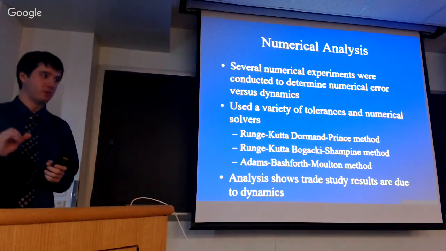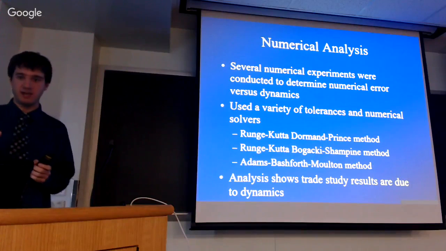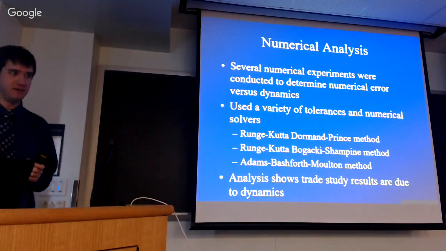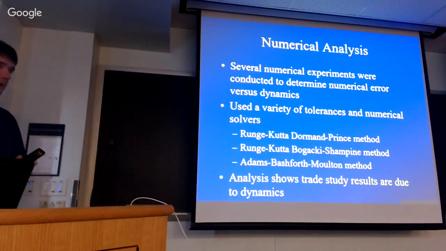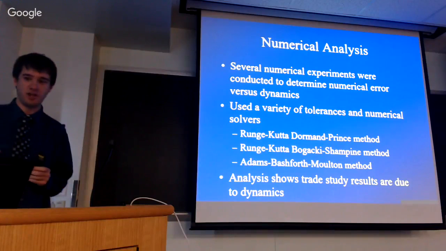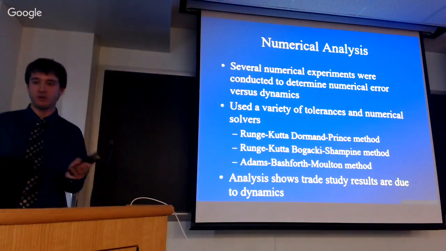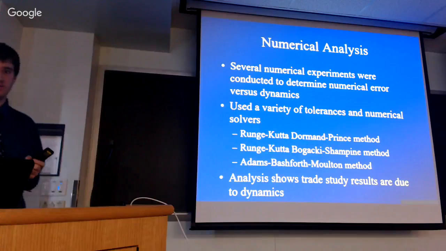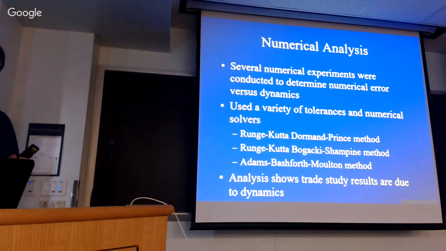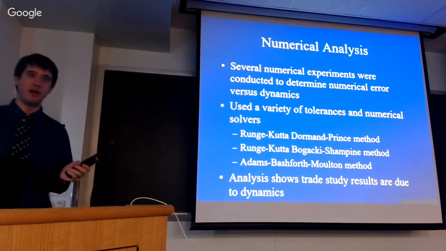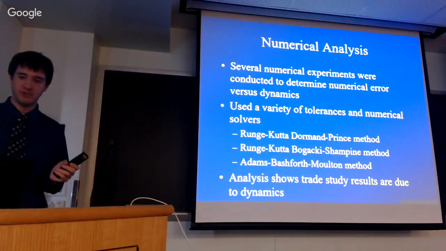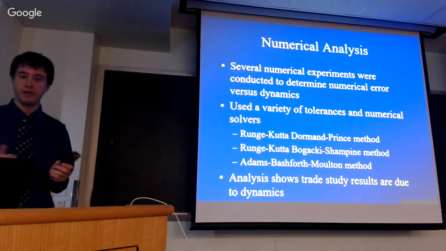For most of that range, the dynamics stayed the same, and at the larger end of the spectrum, that's when you started seeing a lot of variation. So you can conclude from that the dynamics are good, and the numerical error is very small.